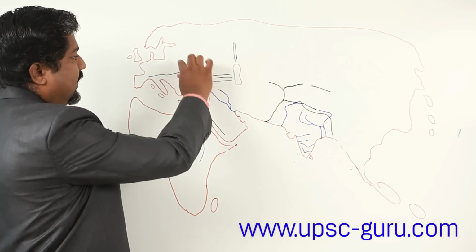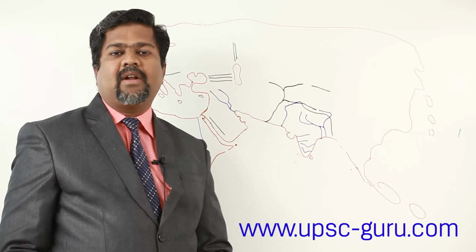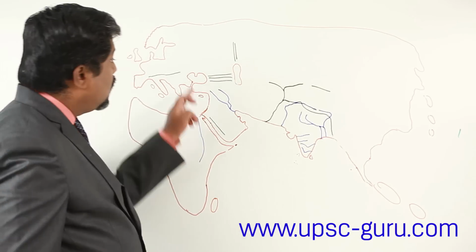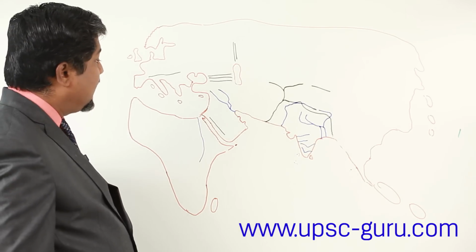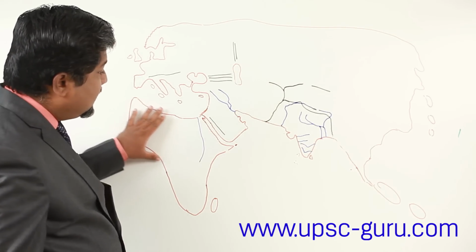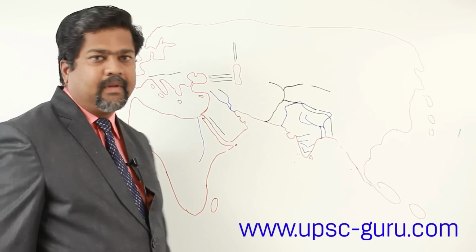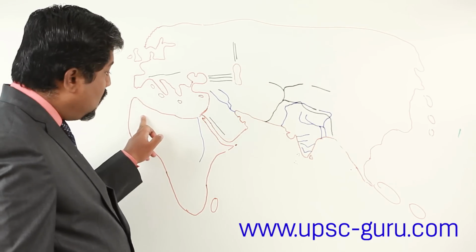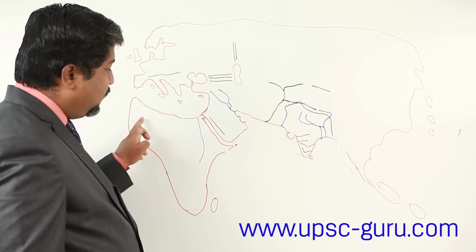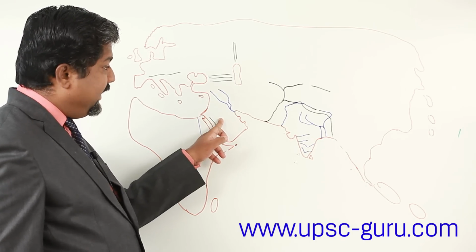Then onwards here there is grassland. That grassland we are calling steppes. So starting from here and ending somewhere here, that is steppes, the grassland. This portion is covered by desert. It will start from here, Morocco. From Morocco, entire northern Africa, we are calling Sahara Desert. Then Arabian Peninsula.